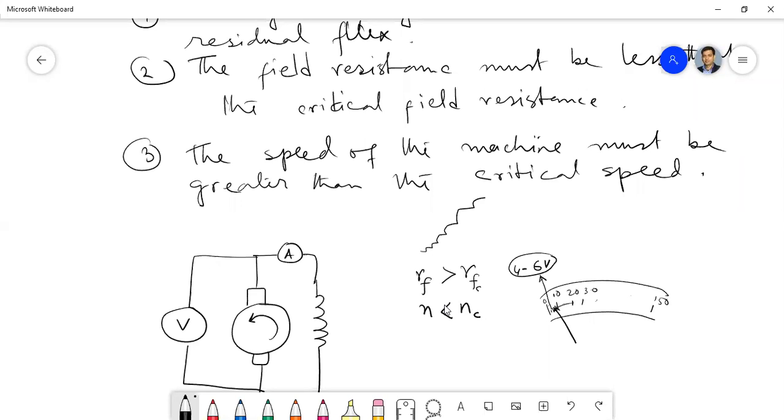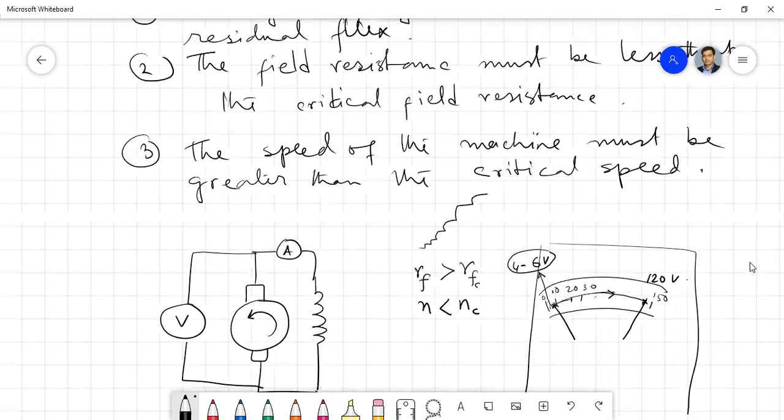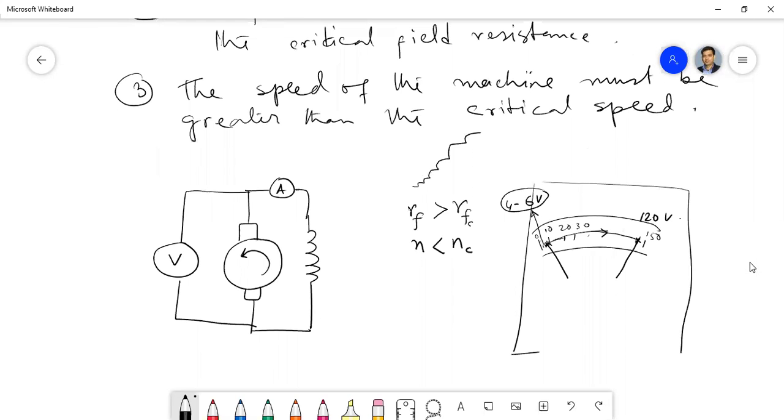Gradually the steps are increasing, so then it will increase at a faster rate, then again at a slow rate, then it will settle down at some value, suppose 120 volts. So that is the process of voltage buildup. You will see that in the voltmeter, because for a shunt machine it's a transient phenomenon.